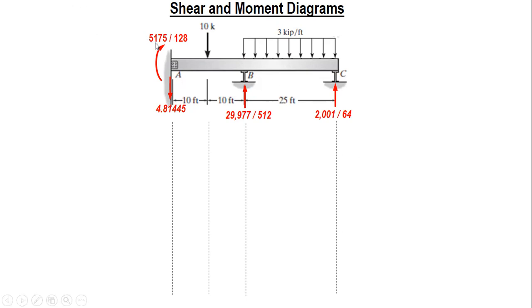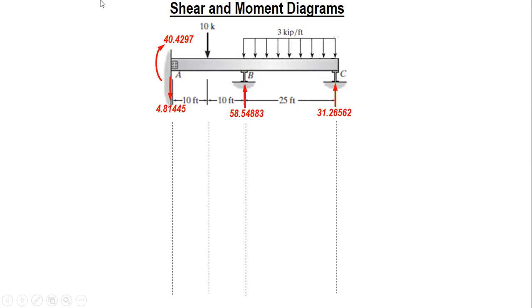MA, 5175 over 128, is actually 40.4297. RB, do the same. You divide the fraction, 58.5483, and then RC, 31.26562.